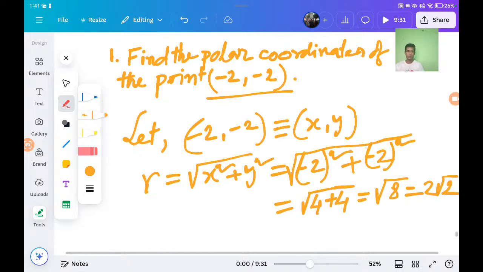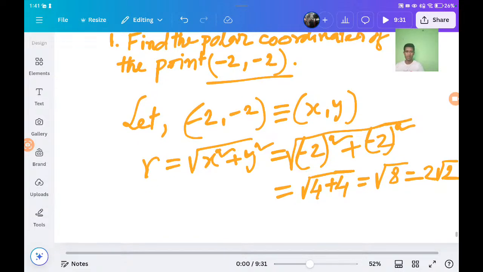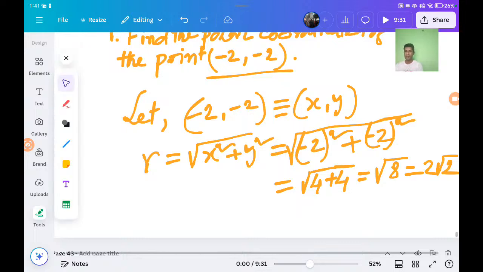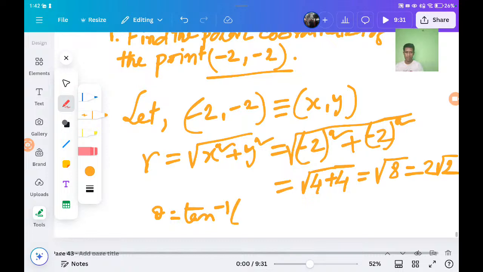And for this I have to find out theta. We know that theta equals tan inverse y divided by x.